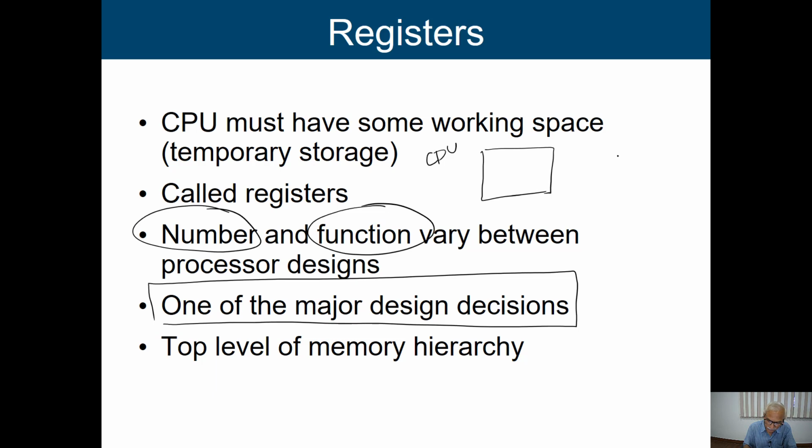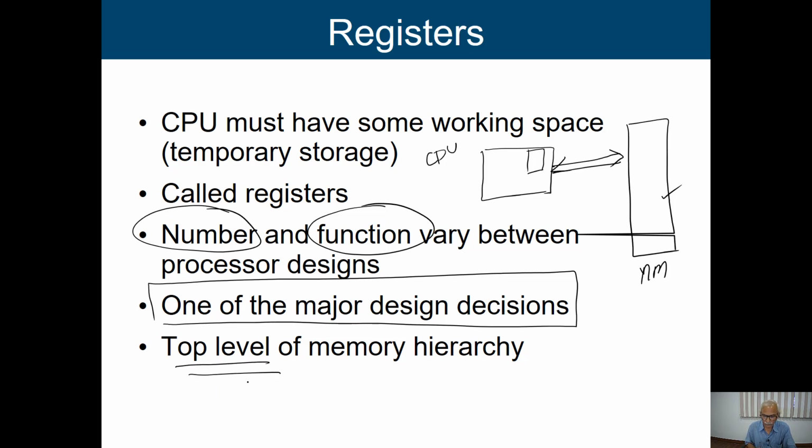So this is the CPU and it is connected to the main memory through the system bus. Main memory is also a storage device where we can store our information. Inside this processor we have some registers, so here also we can store some information. So we said these registers are basically in the top level of the memory hierarchy.